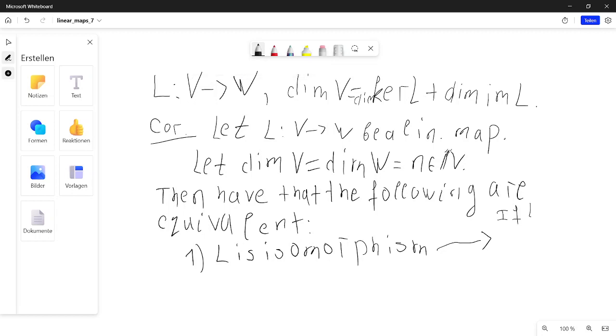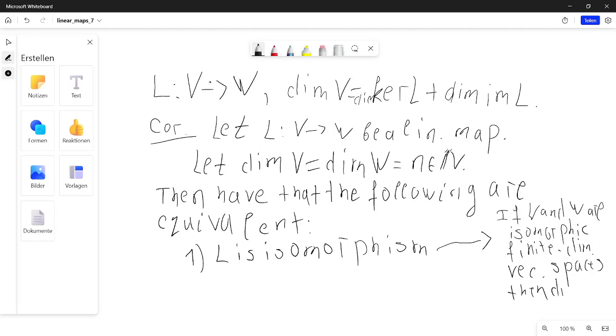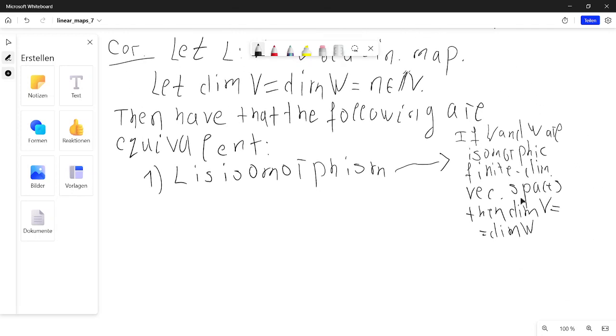If V and W are isomorphic finite dimensional vector spaces, then dimension V is equal to dimension W.